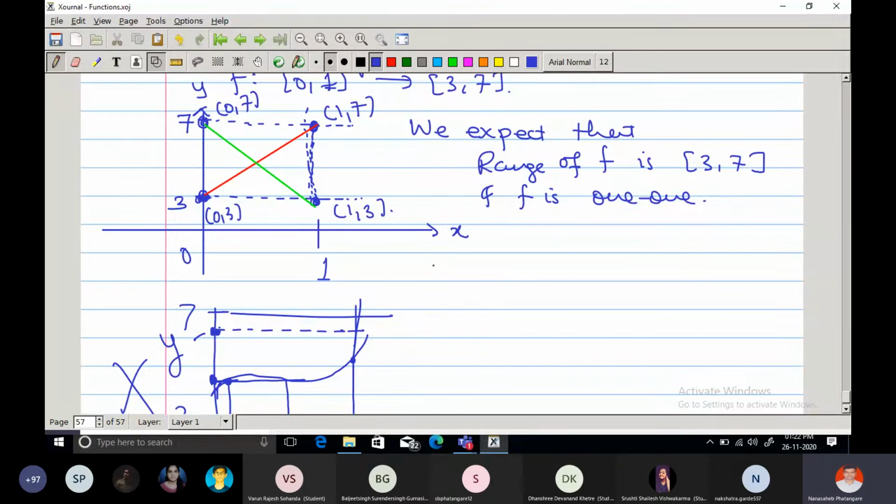Now the graph is a straight line, so the function is like this: ax plus b, degree 1. Because it is a linear graph, a straight line, we expect that our function is of this type, ax plus b, but we don't know what a and b are.